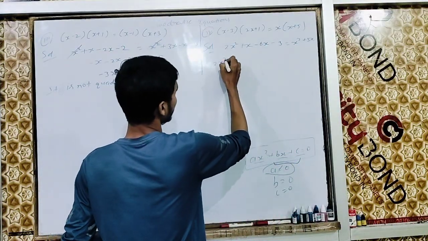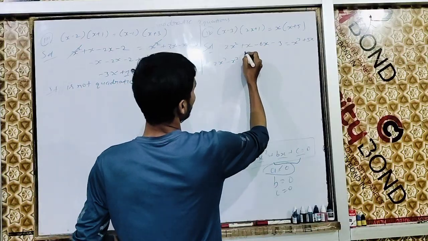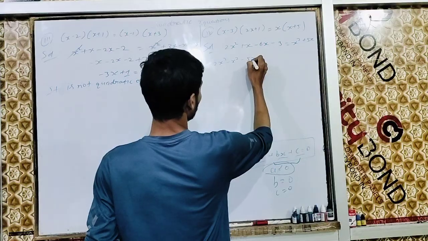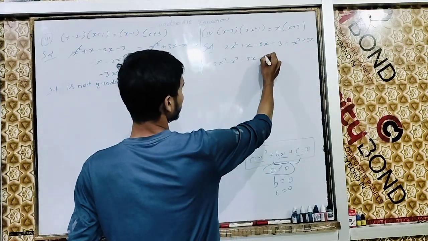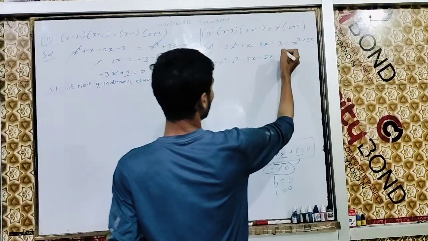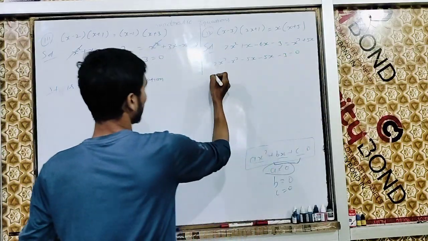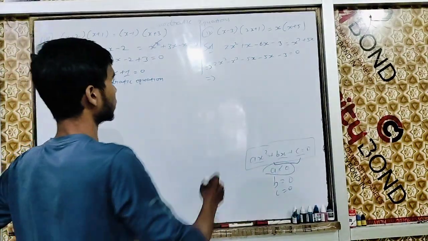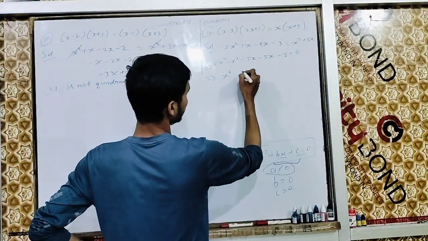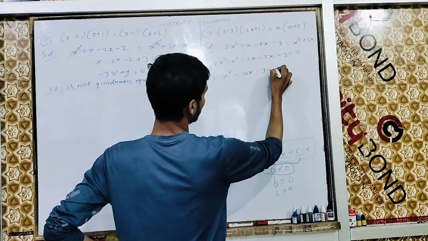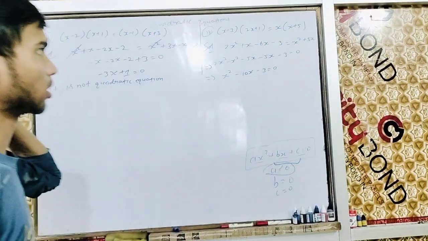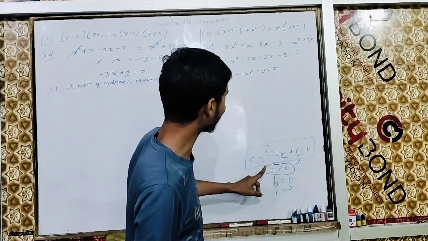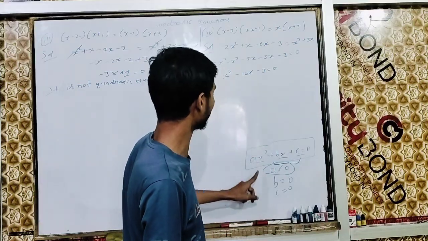Here 2x square, then minus x square. Here it is giving us a minus 5x, and here this is a plus 5x, this will be minus 5x, minus 3 as it is. Now further of it would be nothing but x square, then minus 10x, then minus 3 is equal to 0. Till here we can see that this is in this form.